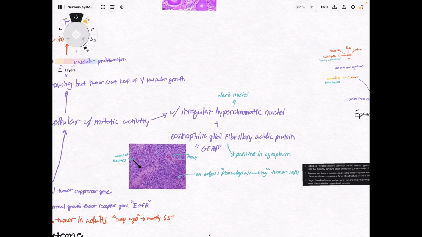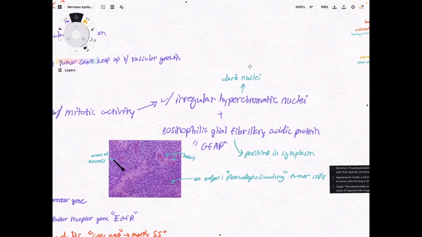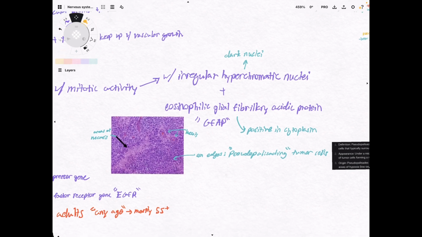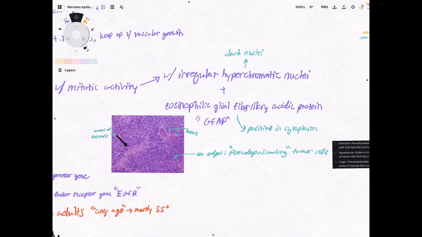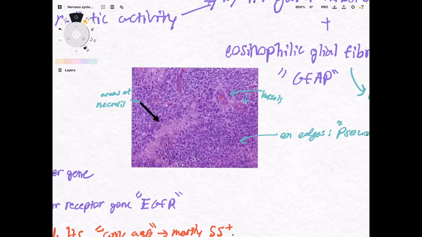So you're going to see irregular hyperchromatic nuclei, which basically just means those nuclei in the cells are going to be very dense, making them very dark on histology image. And then you're also going to have eosinophilic glial fibrillary acidic protein show up in the cytoplasm. So this is a histo image of a glioblastoma.